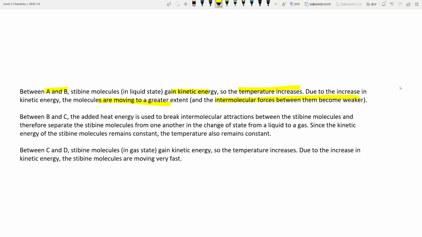Okay, so between B and C, just really quick here again, this is A, B, C, D. I think this is what it looks like. So between A and B, they're gaining temperature, they're gaining energy. But from B to C, the heat energy is being used to break the intermolecular forces.